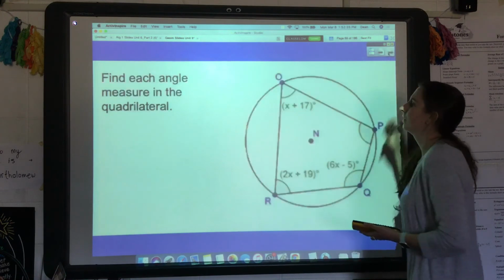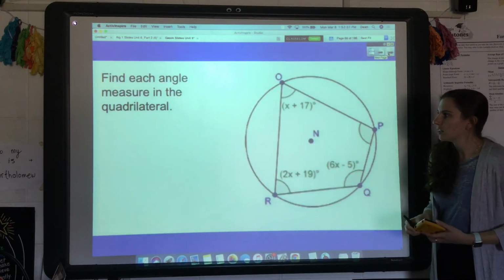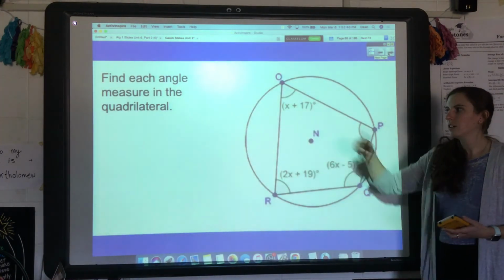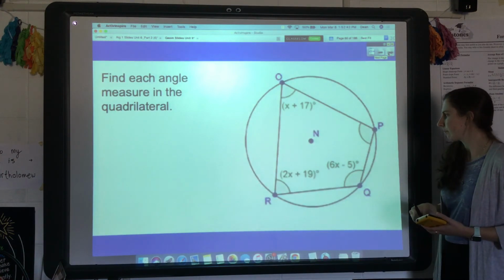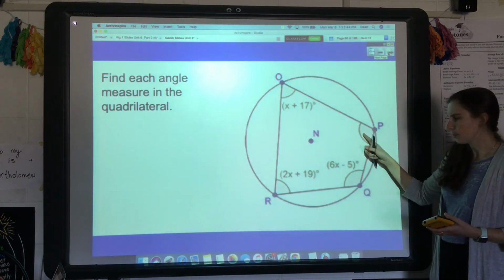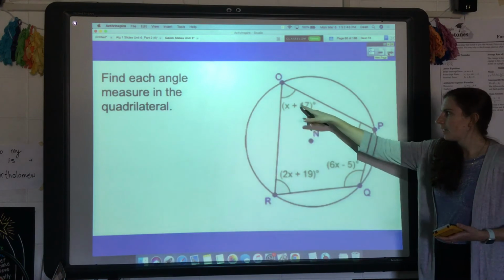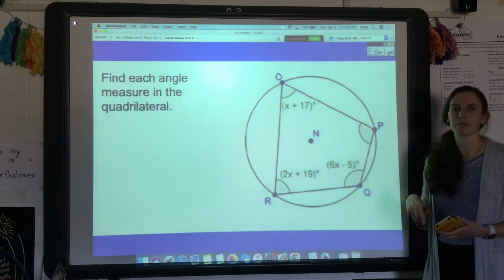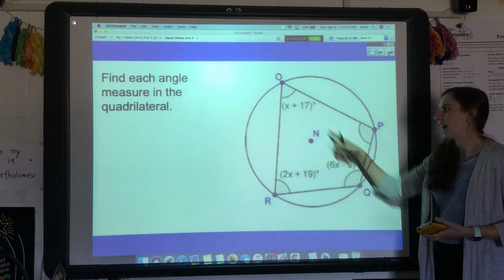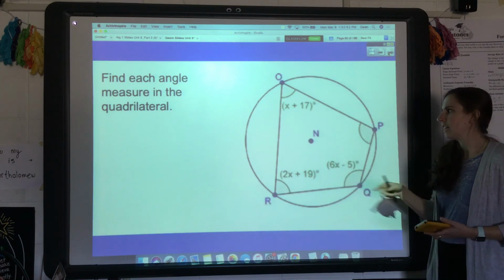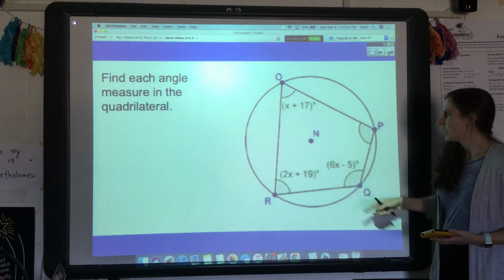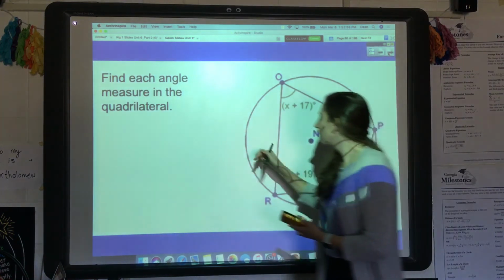For example, let's find the measure of each angle in this quadrilateral. So I don't know anything about that angle yet, but I know that these two should add up to 180 because it's an inscribed quadrilateral. So basically just add these up and set it equal to 180.